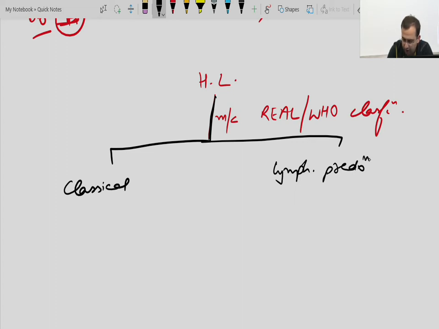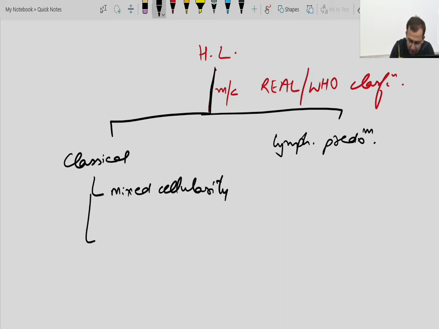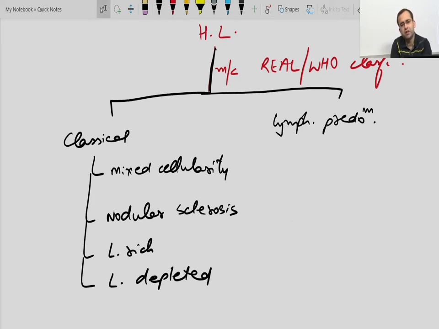Classical Hodgkin's is again of 4 types, which are mixed cellularity, nodular sclerosis, lymphocyte rich and lymphocyte depleted.